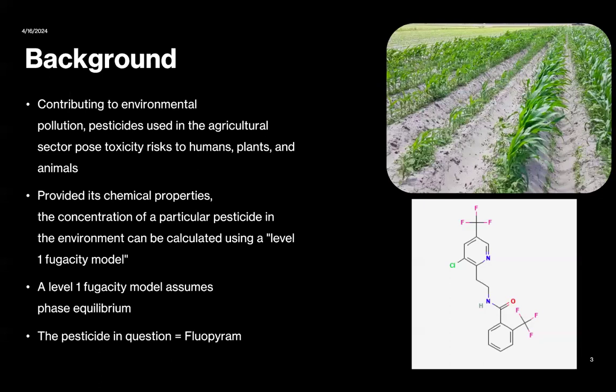So the background of the study was that, it's not on the slide here, but essentially the main goal of the study is to understand how using different soils and sediments can affect the concentration of the contaminant, flopyram, in the environment or in the soil, in the sediment. Based off that, you can understand, hey, a higher concentration of the contaminant is going to yield more of a risk to workers that are working in the field all day or working around these crops, or even the plants.